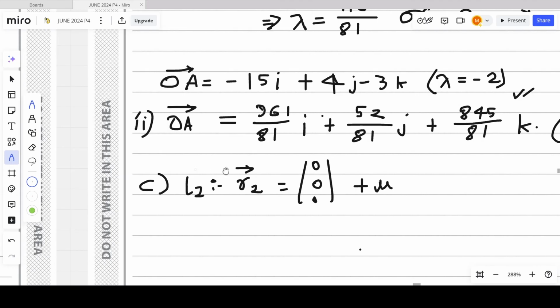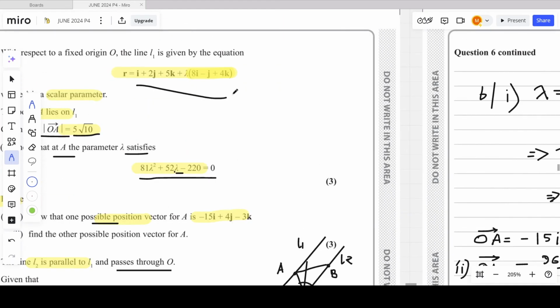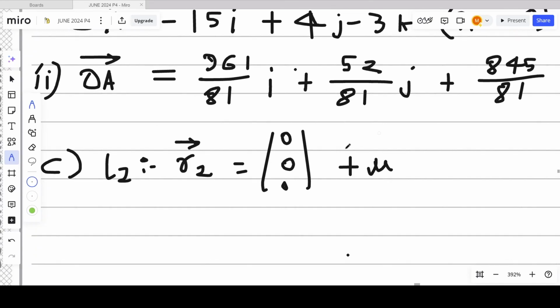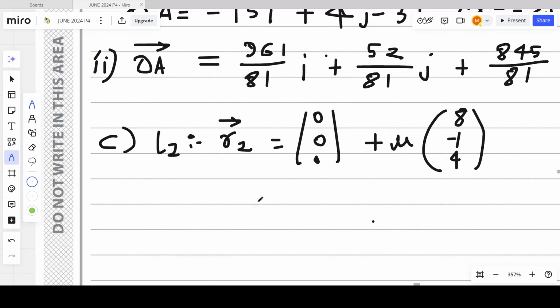Since L2 is parallel to L1, their parallel components are equal, that is 8, negative 1 and 4. So that is the equation of line L2.